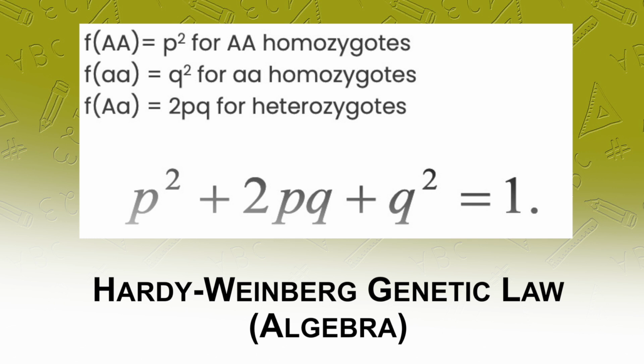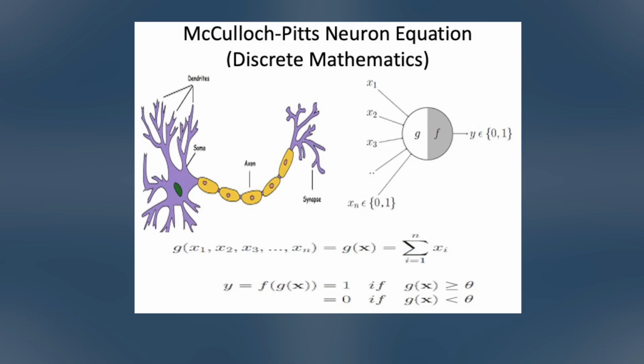But the homogeneous order: first term p square is of order 2, pq again order 2, and q square again order 2. It means this is a second order equation, a quadratic equation. Through this equation we define the genetic law.